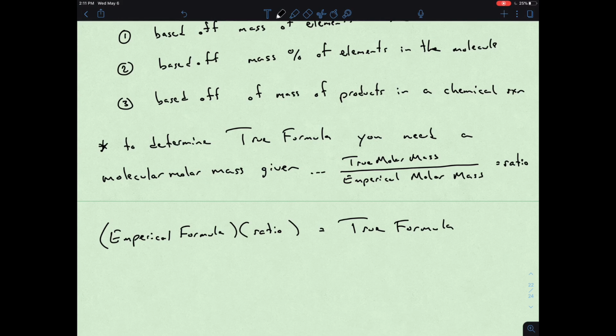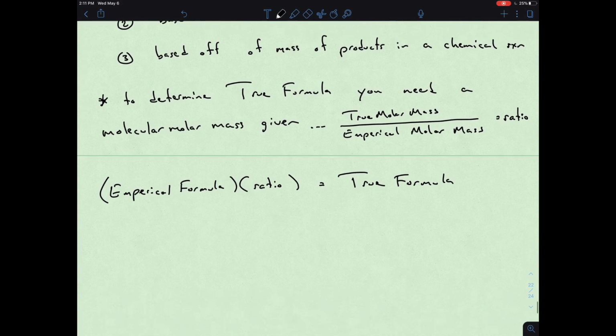So let's go through an example of each one of these three that we just discussed.